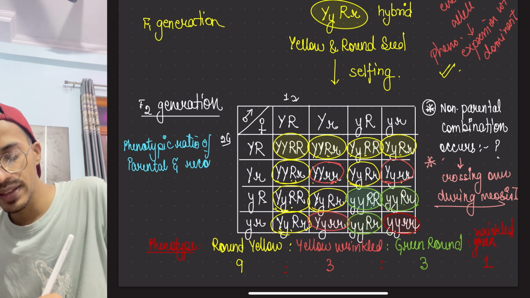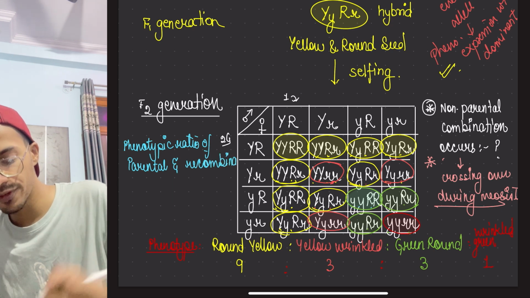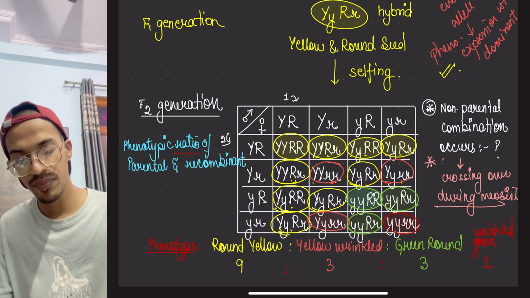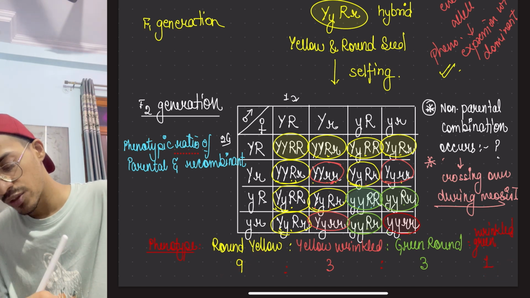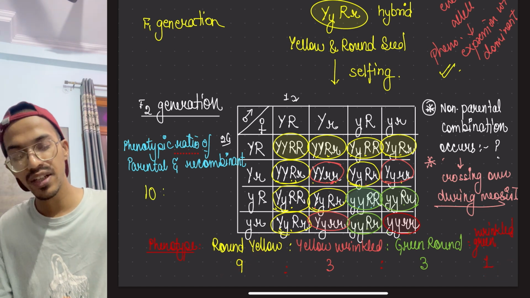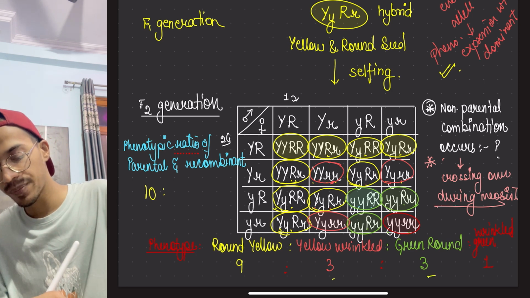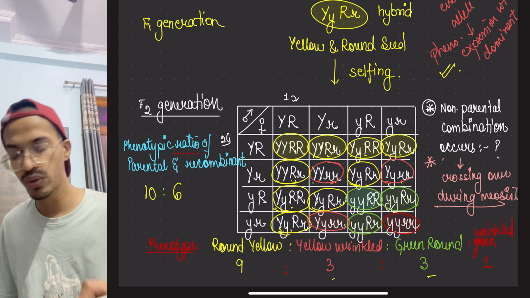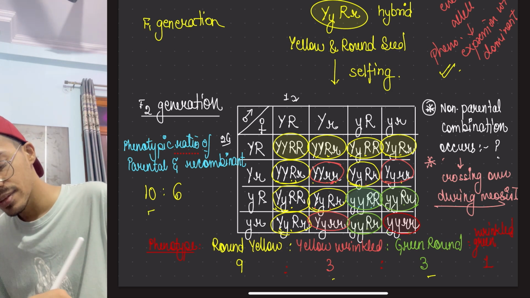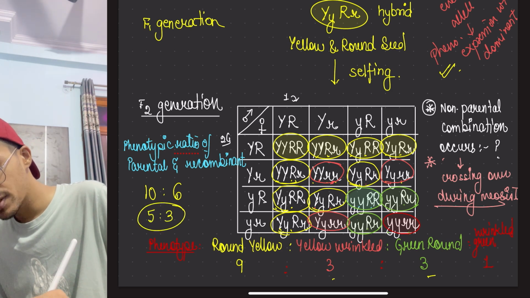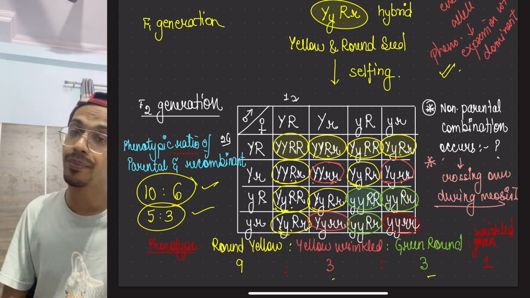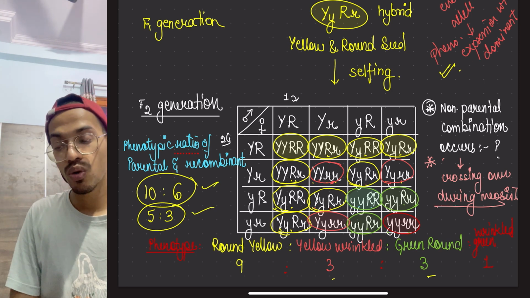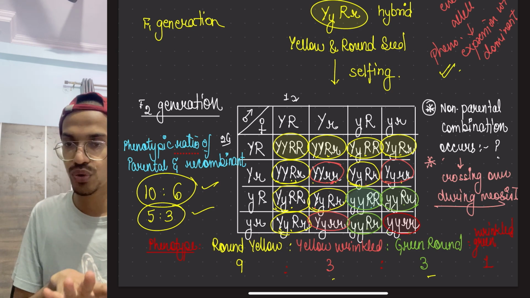The recombinant is the non-parental, don't get confused. Your parental is 9 plus 1, that is 10. So 10 are the parental and the recombinants are 3, 3, which is 6. And since the 10:6 ratio can be further reduced, it is 5:3. So whatever is given to you, you have to remember it. This is one type of question that can be asked.